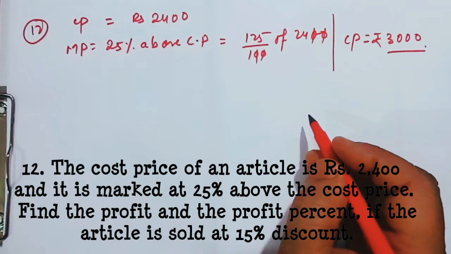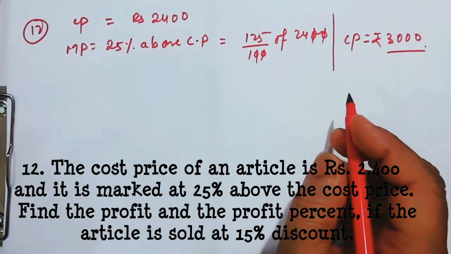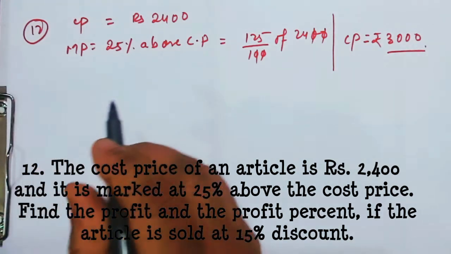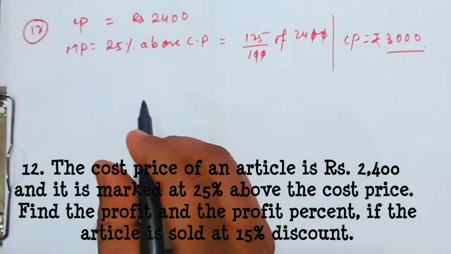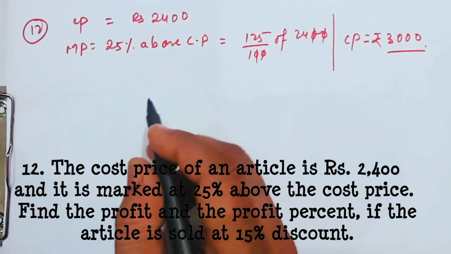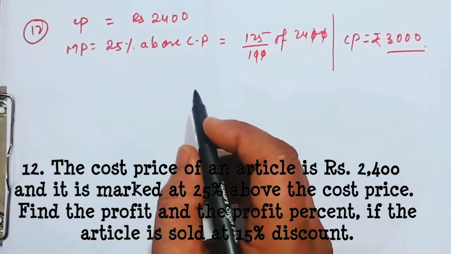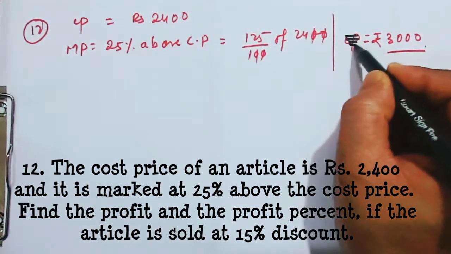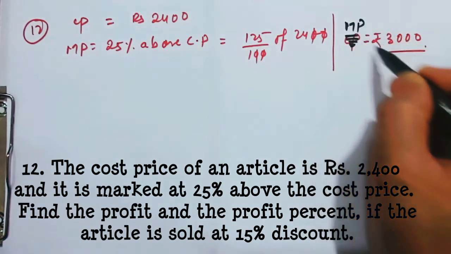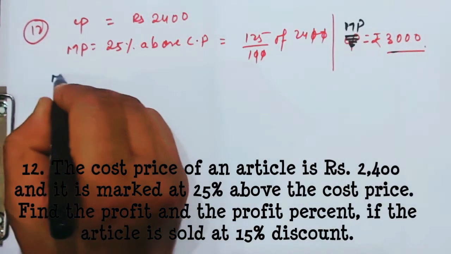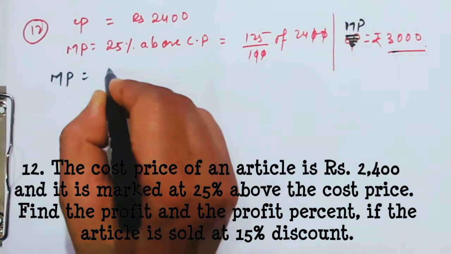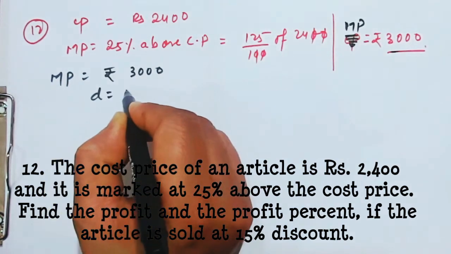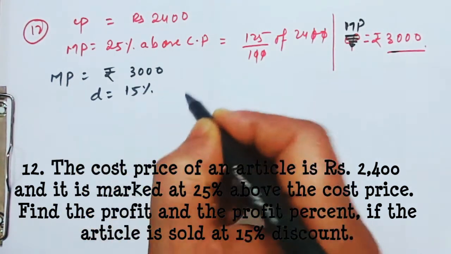Now what are they saying in number 12? Find the profit and the profit percent if the article is sold at 15% discount. So, one minute, what I am writing: this is your mark price, my dear. Mark price is rupees 3000 and a discount of 15% is given.